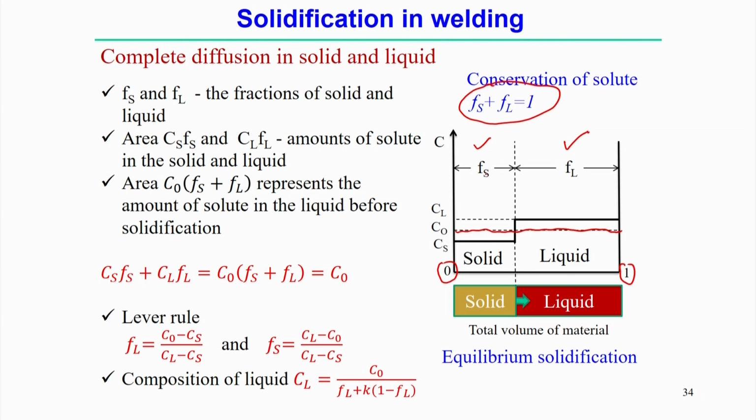Now, here at any point, this is the Cl, the liquid concentration, and this is the solid concentration, that means the concentration of the liquid phase and the concentration of the solid phase in this case. Now, Fs into Cs and Cl into Fl represent the amount of the solute in the solid and the liquid phase.